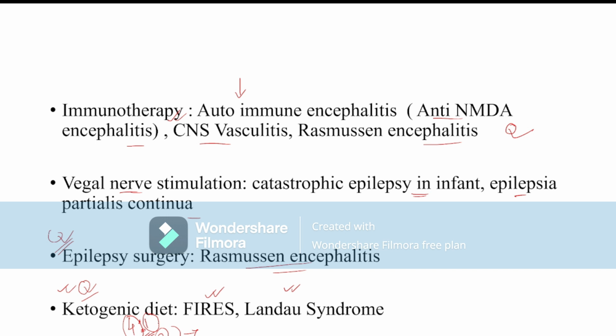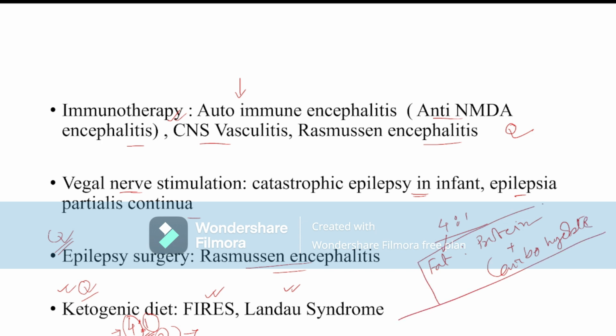So this is the ketogenic diet. This is the ratio in which we give the diet to this patient, and it is continued till the patient has ketonuria. If the patient starts showing ketonuria, then we need to stop giving this ketogenic diet.